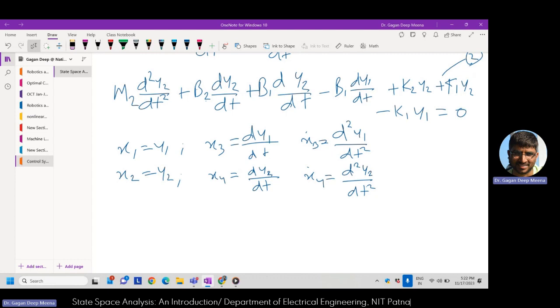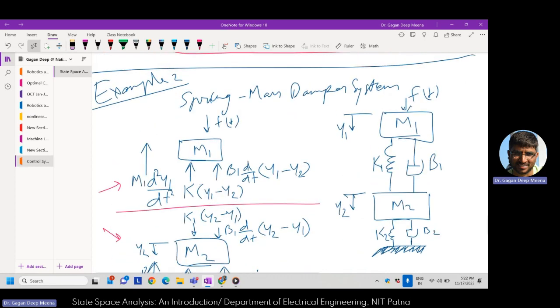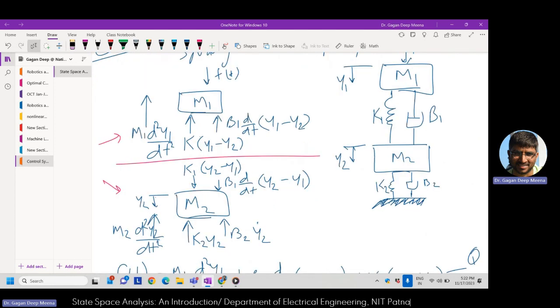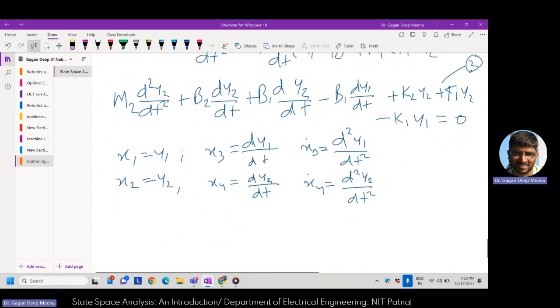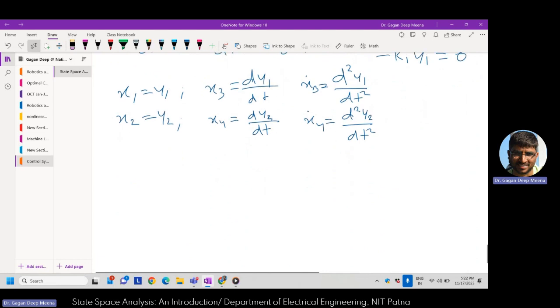So let's do this with equation number 1. And F here is the applied force. If you look at this particular mechanical system, F is your applied force, so it is acting as the input to the whole mechanical system. So we will consider this as U, and the rest of the state variables we have defined here.